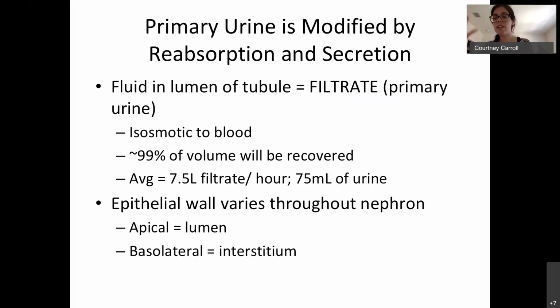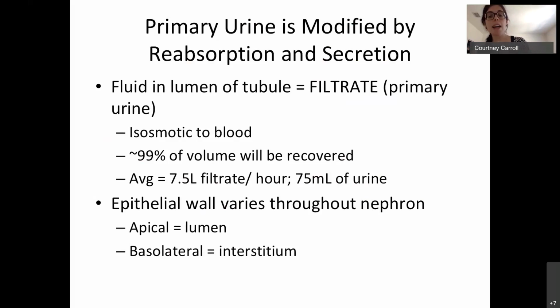And by the end, the goal of the kidney when it comes to osmotic balance is to recover 99% of the volume. So if we pass in 100 mils, we want to end up by just excreting 1 mil and taking back the other 99. And your body is going to produce about 7.5 liters of filtrate an hour, but only 75 mils of urine.